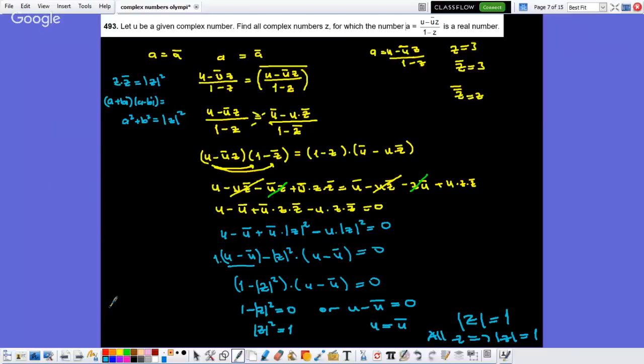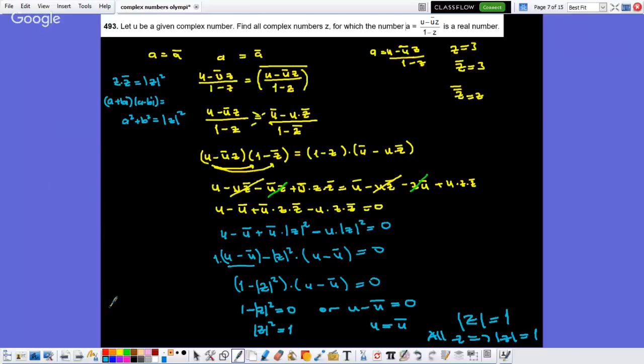I skipped the conjugate case. u conjugate is equal to u. Yeah, when they are equal, this means it is a real number, and it is given that it's a complex number. That's why I didn't consider that one.